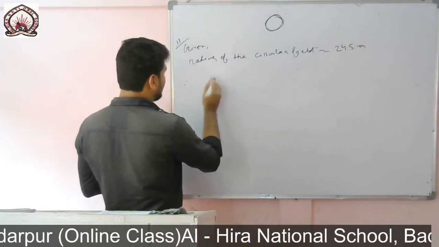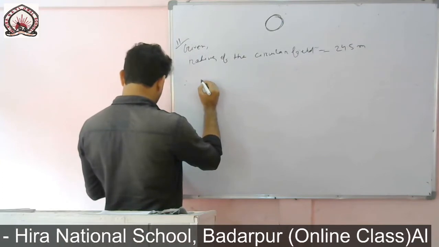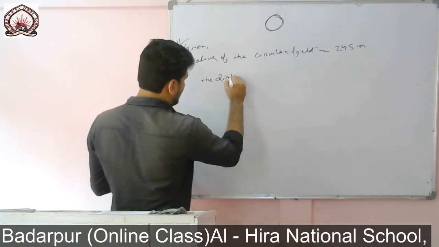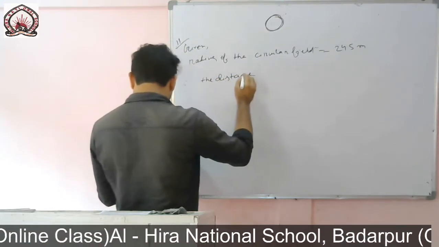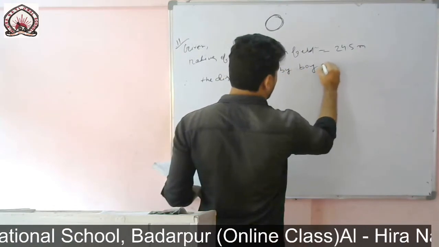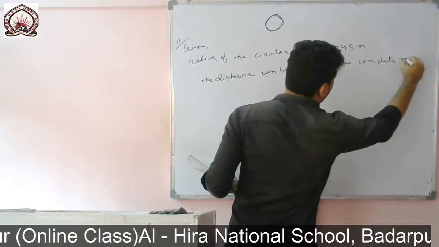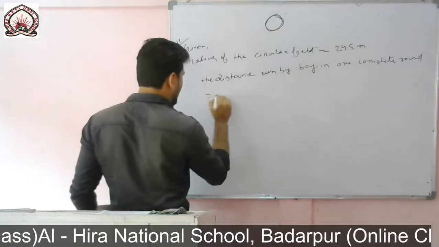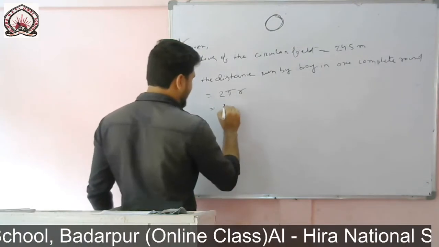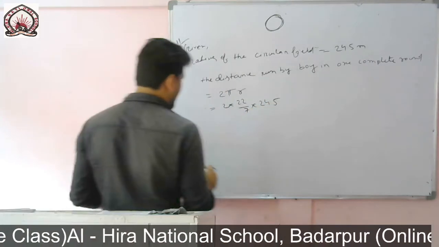Therefore the distance run by the boy in 1 complete round will be 2 pi r, that means 2 into 22 by 7 into 24.5.